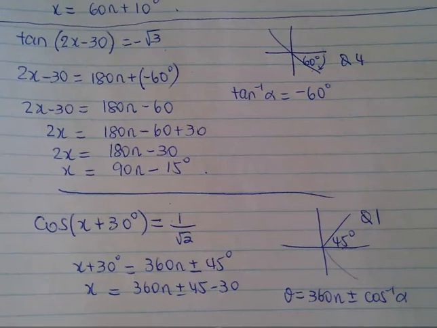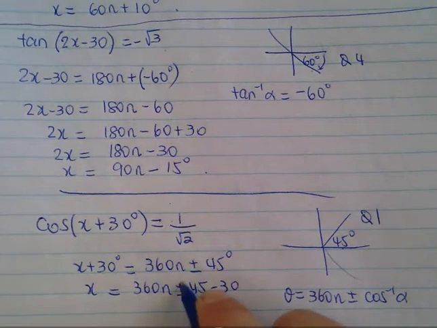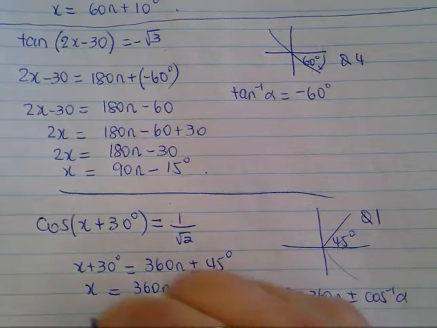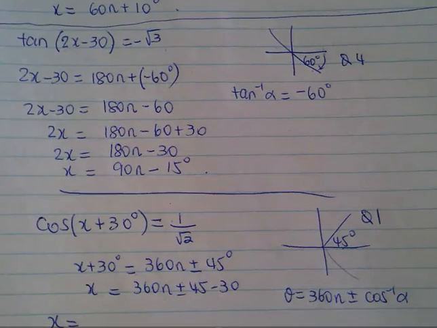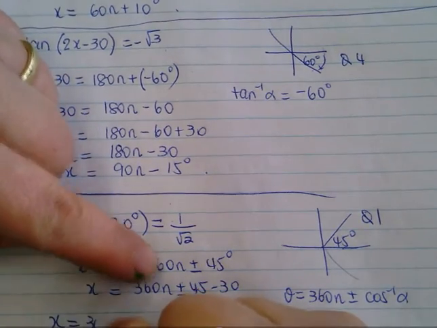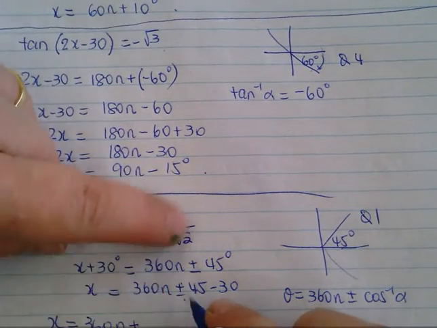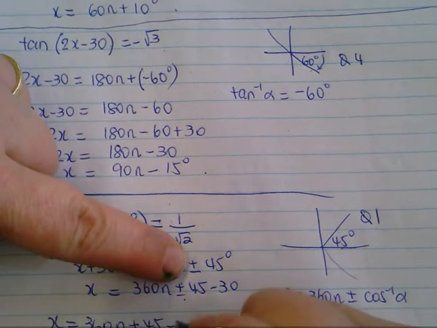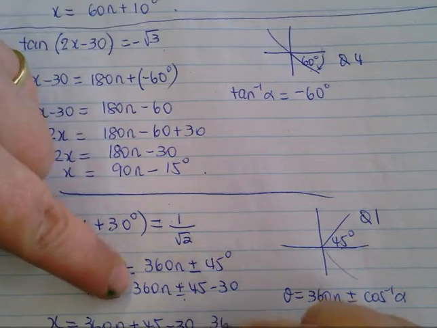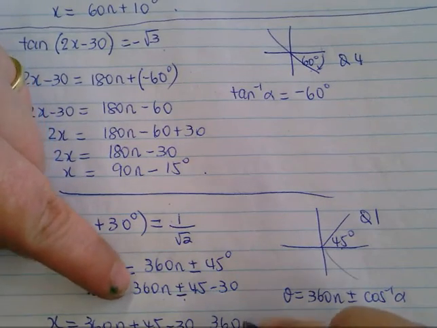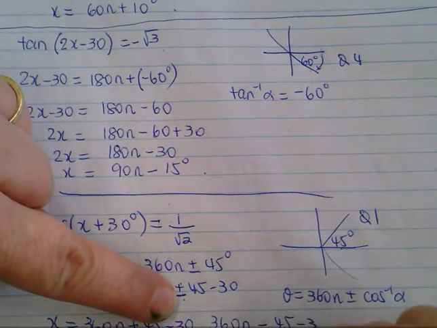This is not just subtracting 30. So you've got 360n plus or minus 45 minus 30. So you've got to write each one out separately. So it's 360n, take the high road, take the low road. Do you know what I mean? So plus 45 minus 30, comma, take the low road is the minus: 360n minus 45 minus 30.